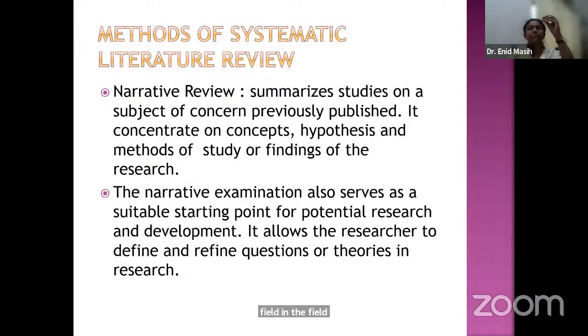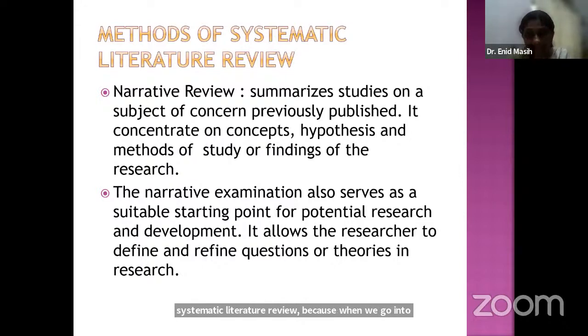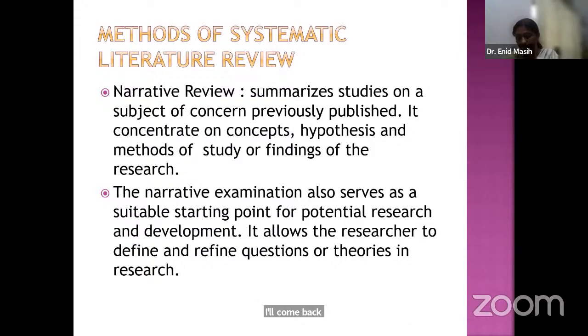This is the simplest way of writing a systematic literature review, because when we go into the advanced methods, you will see that those methods are a bit more complicated compared to a narrative literature review.